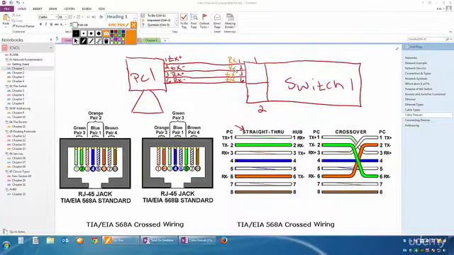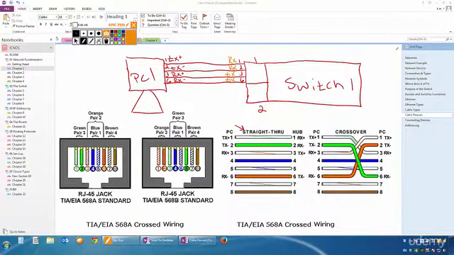And that's exactly what will happen. That's why you can plug a straight-through cable into this switch. So that means your switch pinouts are different than your PC pinouts.